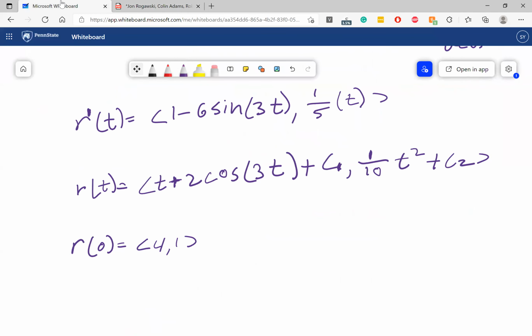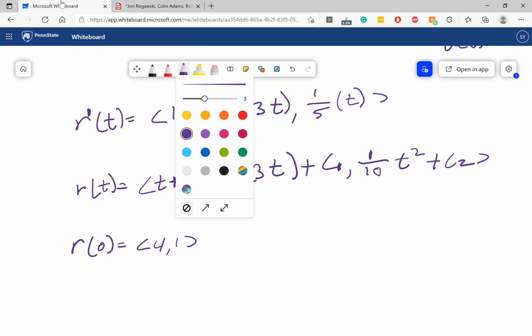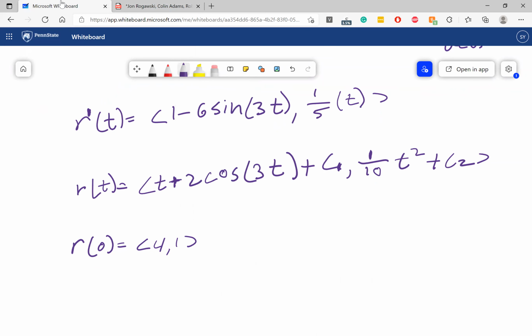So this way we can find the constants C1 and C2. Let's plug in our 0. So R of 0, looking at this equation, gives us 0 plus 2, so we get 2 plus C1.